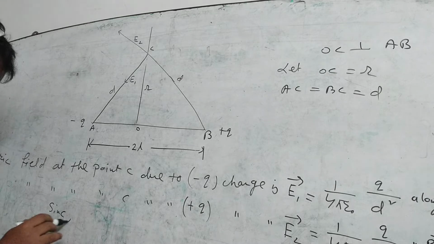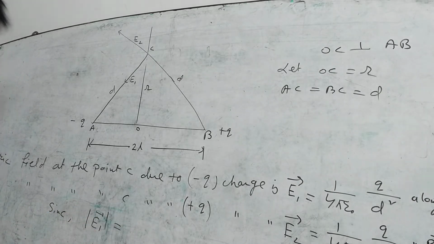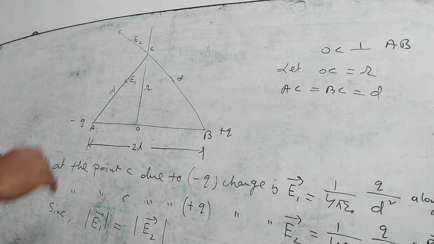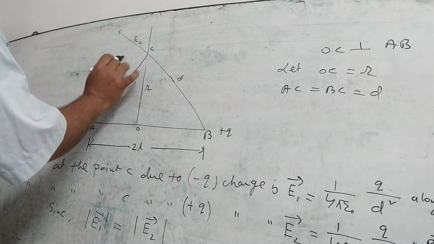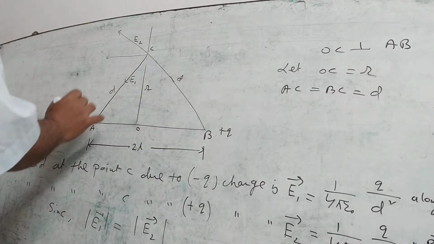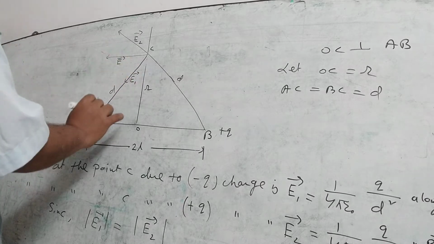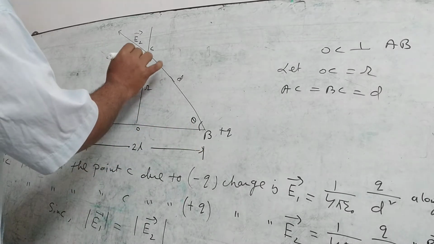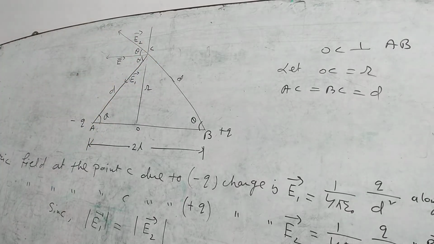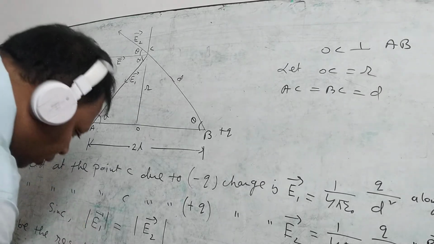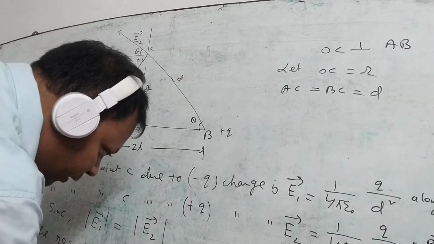Since magnitude of E1 is equal to magnitude of E2, therefore their resultant acts parallel to B to A. Let E be the resultant of E1 and E2.